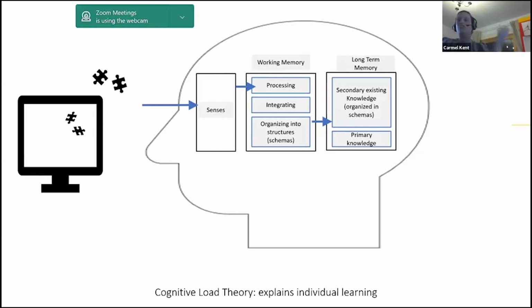So the cognitive load, in the cognitive load theory, refers to the total working memory resources that are required by an individual learner to carry out a learning task.